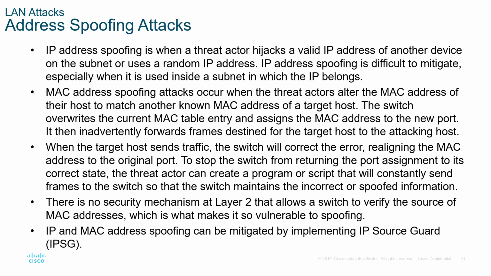The other one is the same difference: one works with IP, the other with MAC. Then for mitigation, port security is one way of mitigating against address spoofing. We also have DHCP snooping, which can help. Then obviously IP source guard.